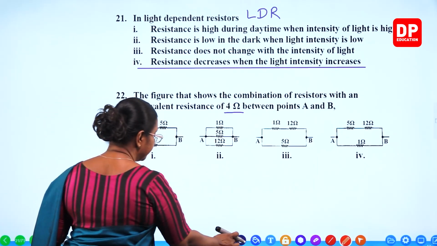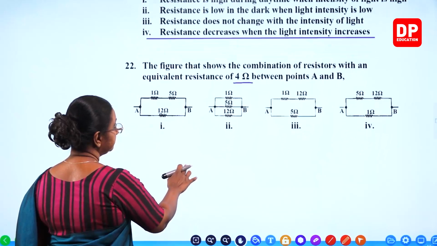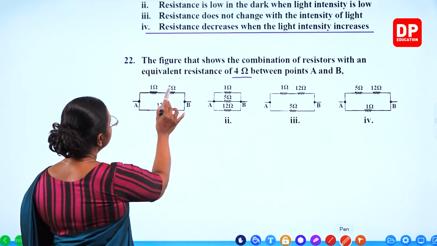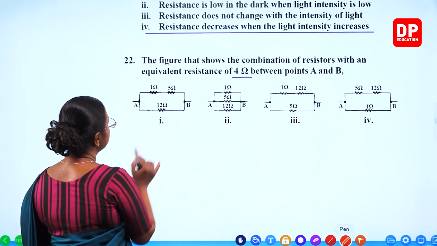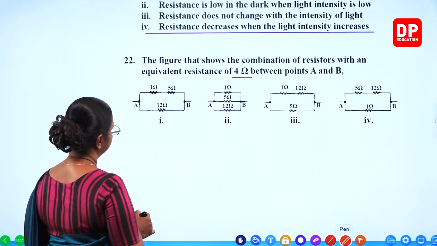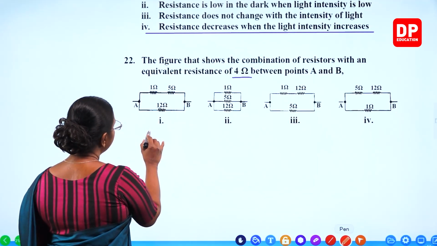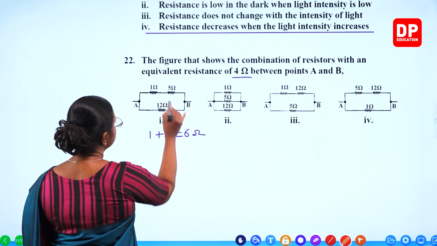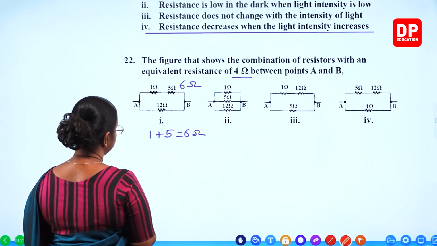Let's look at the first one. 1 ohm and 5 ohm are in a series combination, then we have 12 ohms. So 1 plus 5, you get 6 ohms.